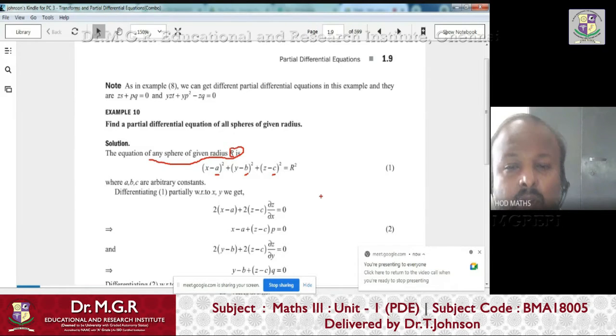It may be 1, 2, 3, it may be 4, 5, 6. So the center may be anything. So a, b, c are arbitrary constants and R is a fixed constant. So here how many arbitrary constants are there? Can anybody tell? How many arbitrary constants are there in this function?